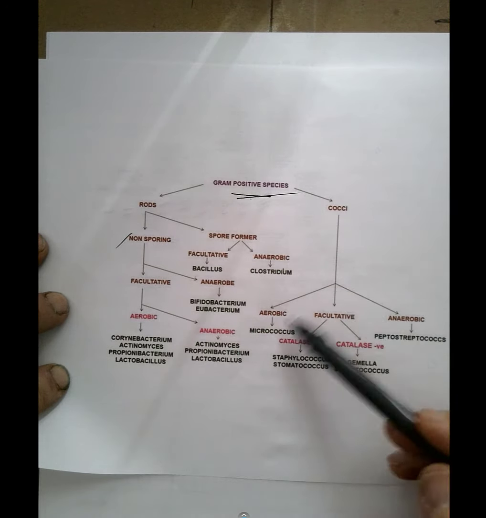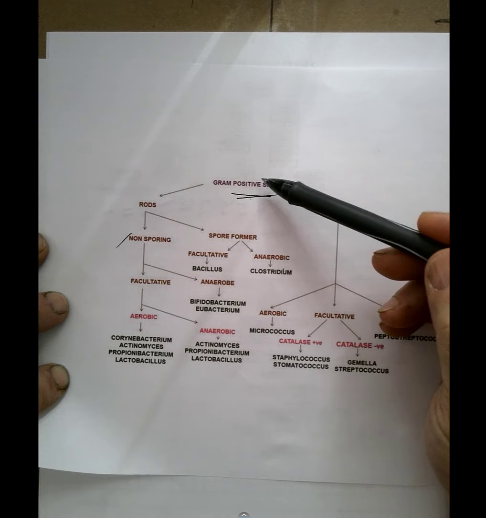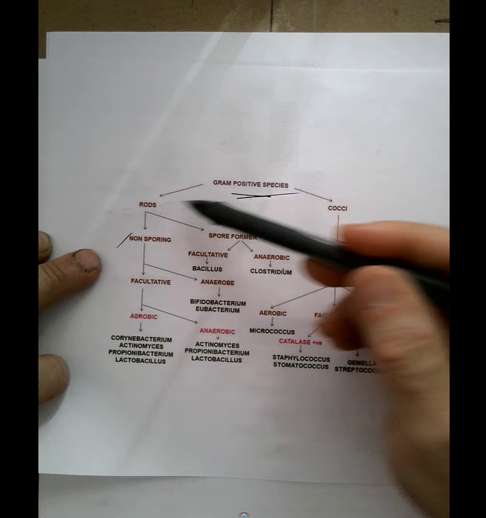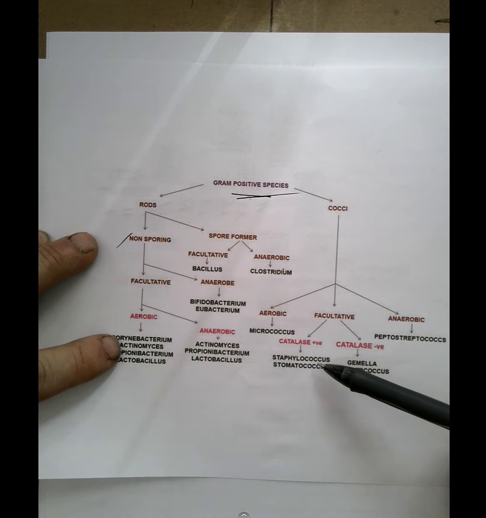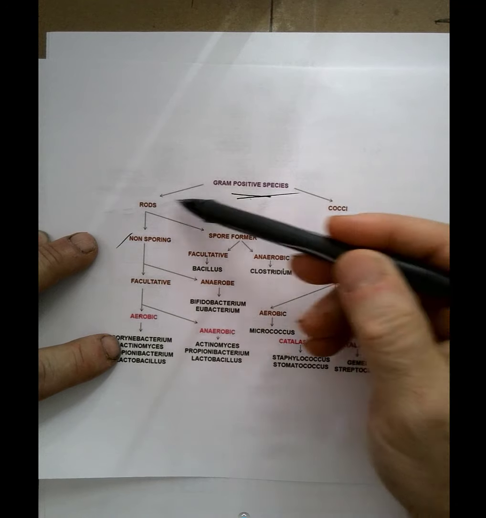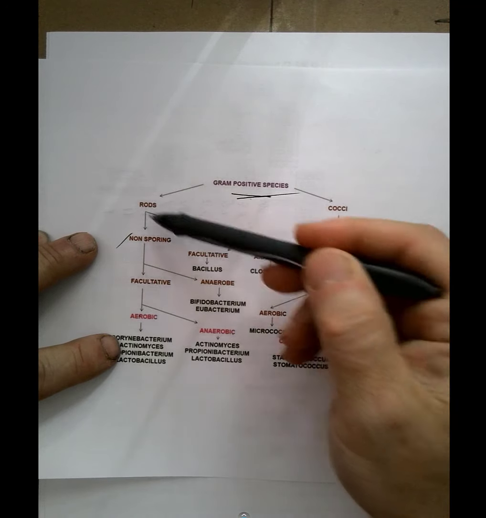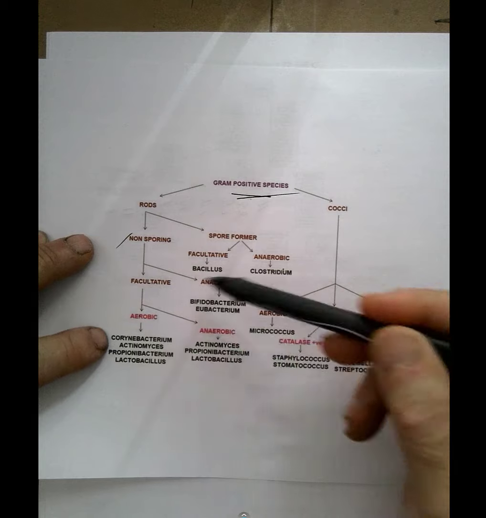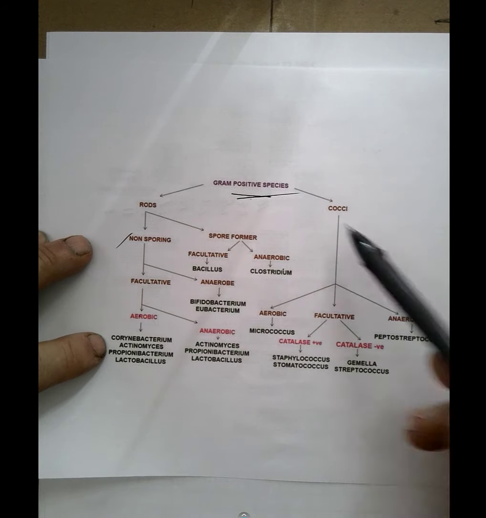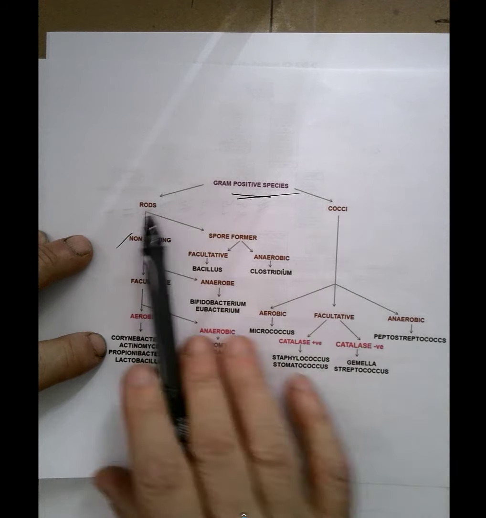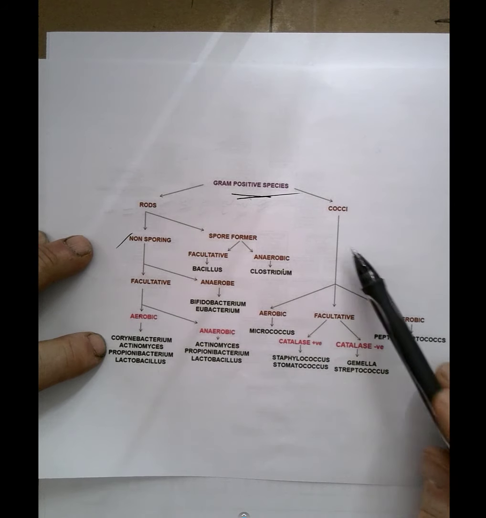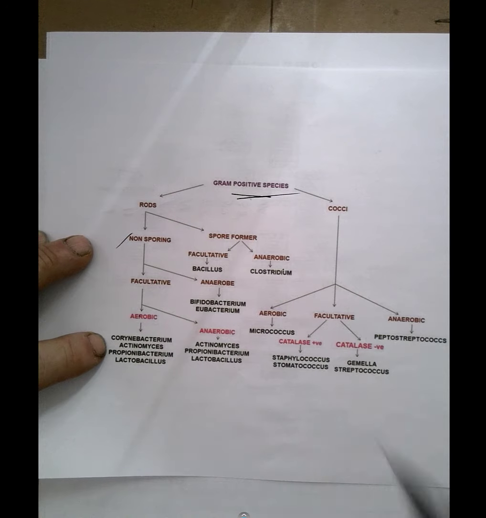And so these breakdowns will show you that we know it was a gram positive, and if it's a rod or cocci, and you start going down the branches, and as you see if it's a spore former or non-spore forming, and the opportunities. So knowing some of the basic microbiology in terms of, well, is it a rod or is it a cocci, is really important. And then you start to run into some more detail.